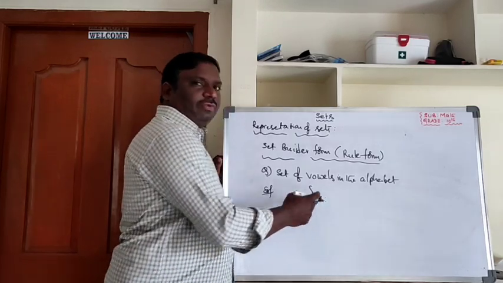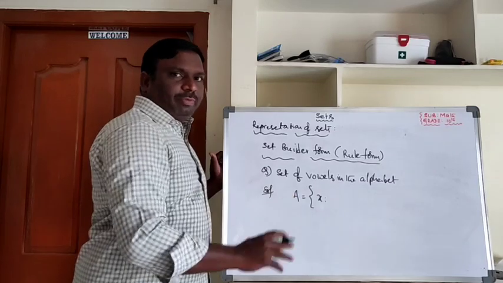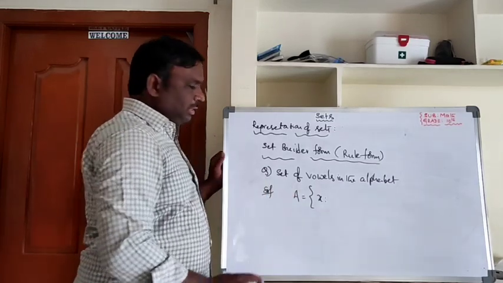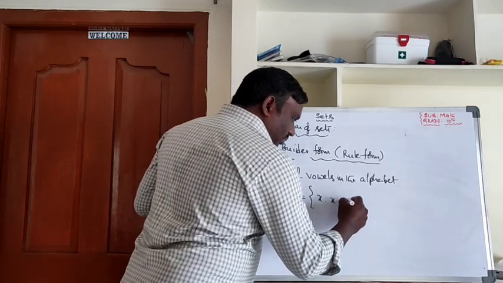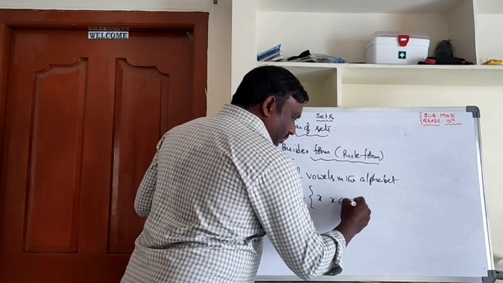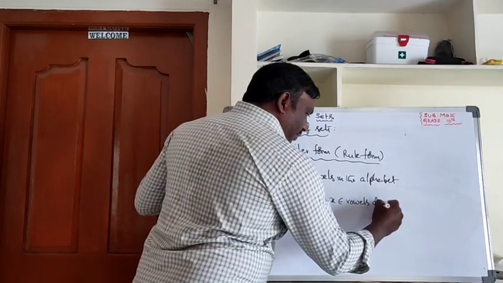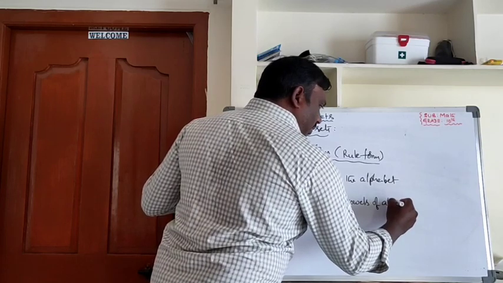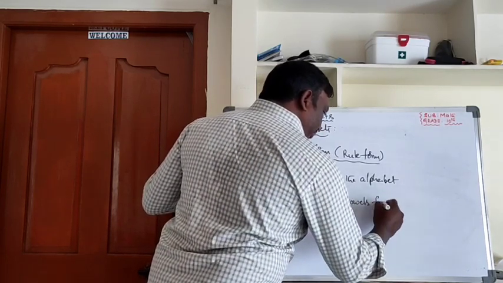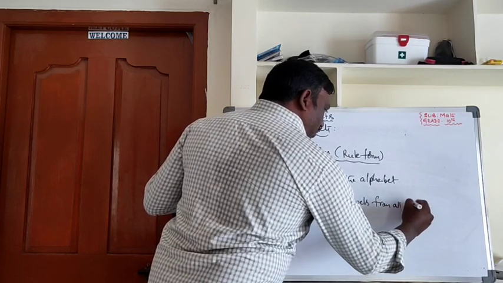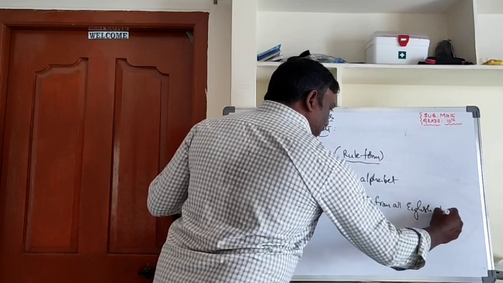If you want to represent with y, you can represent with y. If you want to represent with p, you can represent with p, but you have to take the smaller case letters. x such that x belongs to vowels from all English alphabets.